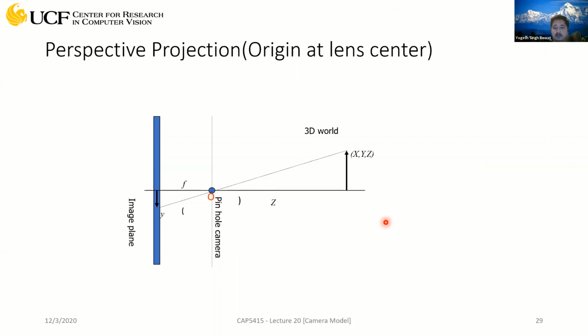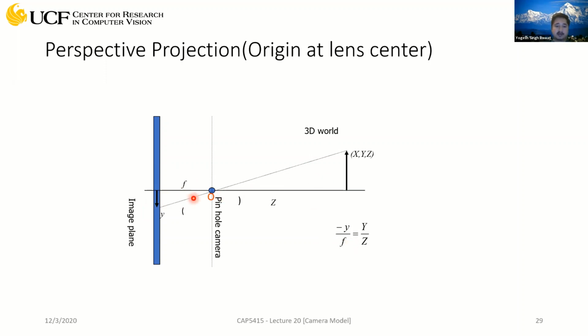Now let's try to go deeper into these coordinate systems. So this is your 3D world, and your coordinate system is capital XYZ. So that's the location of this point. And this is the image plane projection of the same point. Now, from your basic high school mathematics, you would have learned that if you have similar triangles, then if you take the ratio of their sides, it's equal.